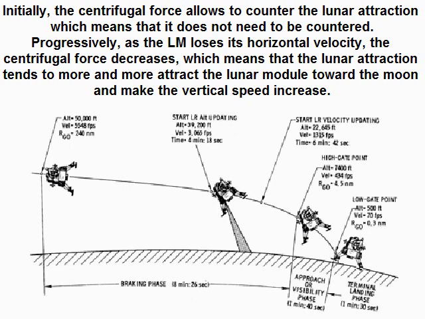Initially, the centrifugal force allows to counter the lunar attraction, which means that it does not need to be countered. Progressively, as the LM loses its horizontal velocity, the centrifugal force decreases, which means that the lunar attraction tends to more and more attract the lunar module toward the Moon and make the vertical speed increase.